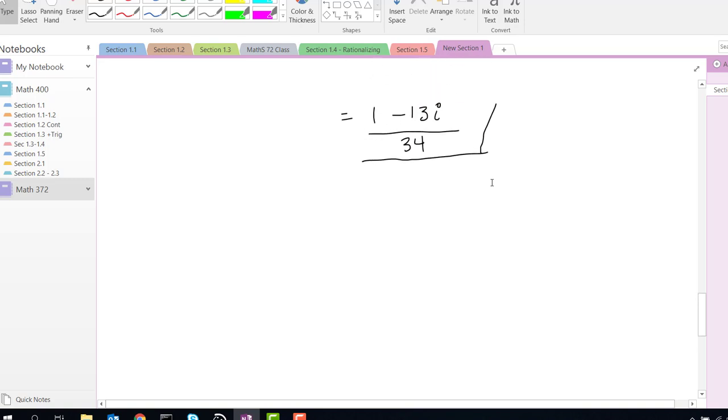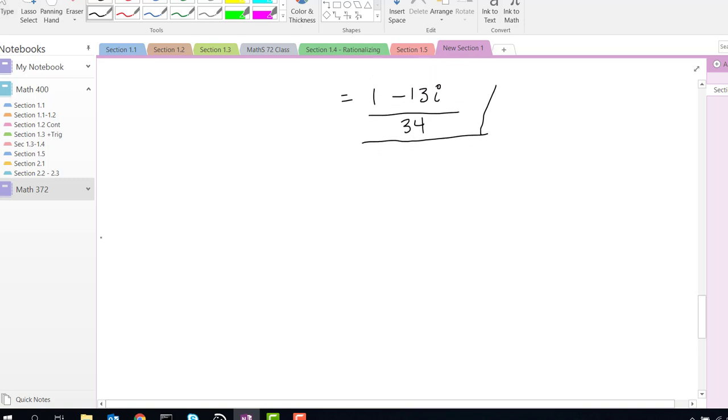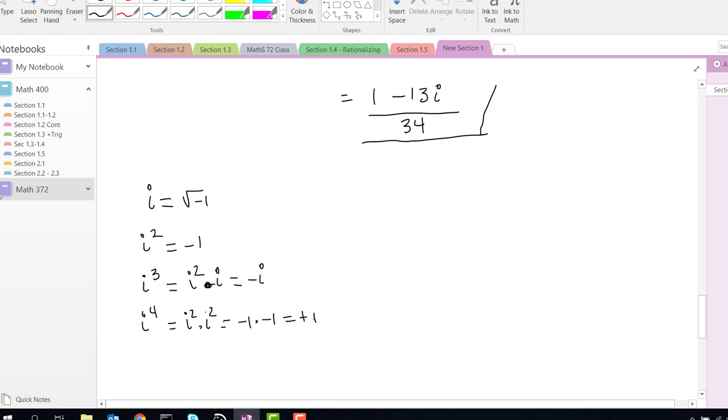Some of the things that you might see come up, and to remember, is that i is the square root of -1. i squared is the square root of -1 squared, so you get -1. i cubed is i squared times i, so therefore is -i, and i to the fourth, I think of it as i squared times i squared, which is then -1 times -1, which is +1.